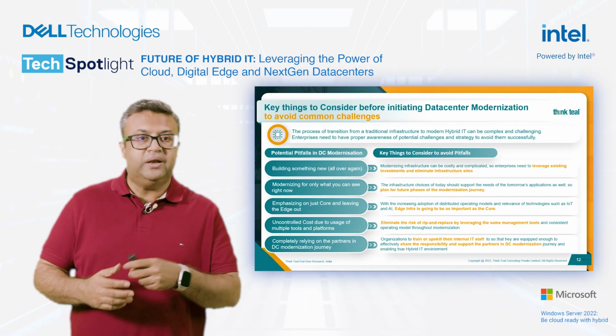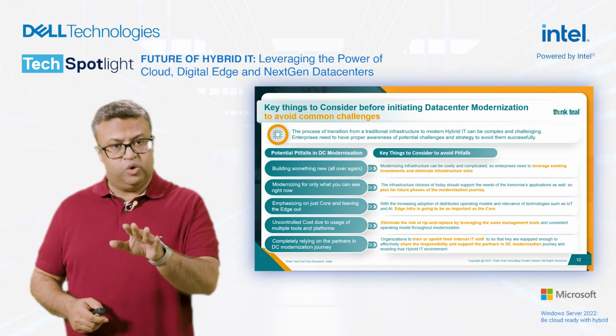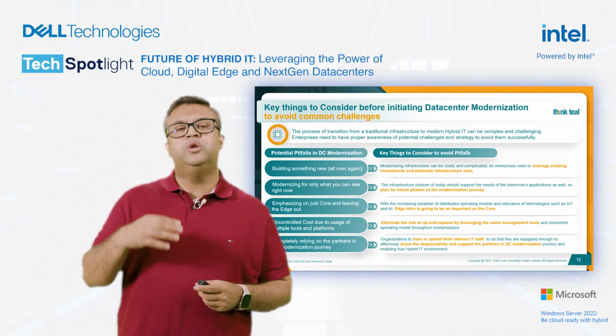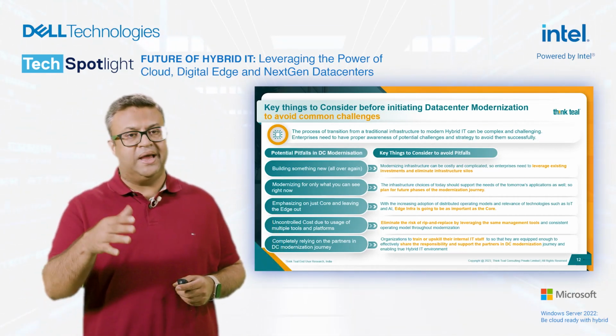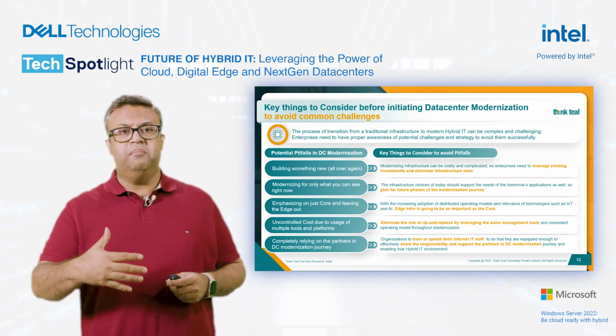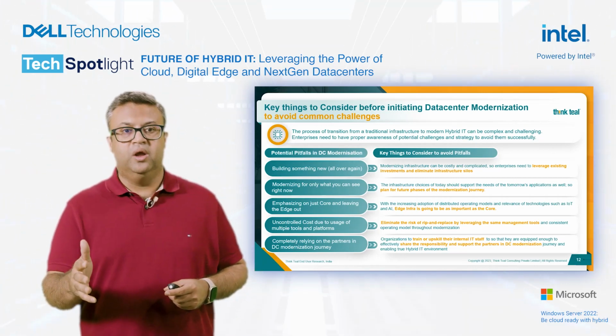Then comes the question of whether I should emphasize just the core and neglect the edge, which has been the case so far because the use cases at the edge were very limited. But as we have seen, a truly modern data center setup needs to integrate the core with the edge.